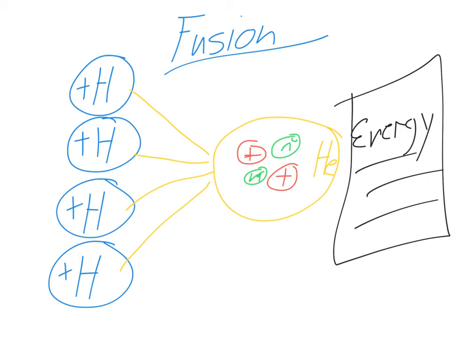Because it's able to continually force these hydrogen together, all 4 of them, to make 1 helium, we get a ton of energy that comes with it. So I guess I need my little plus sign there, showing that we get tremendous amounts of energy with it. And that's really what is powering our sun, is fusion. The fusion of 4 hydrogen nuclei into a single helium nucleus.